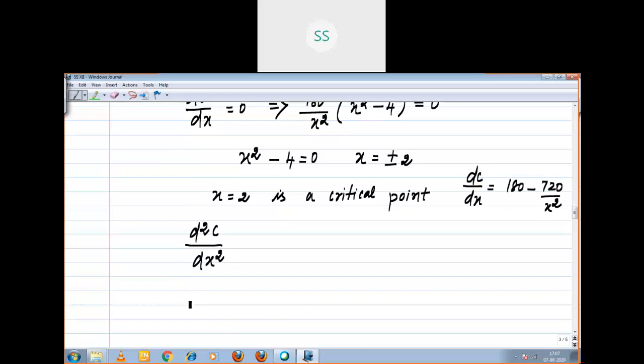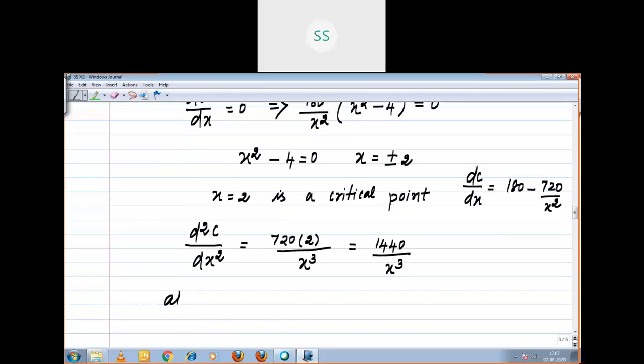Am I right, children? Now I am going to differentiate. 720 into 2, when you shift the power to the numerator it acts as negative, and differentiating minus into minus gives plus. So we get 1440 divided by x cube.